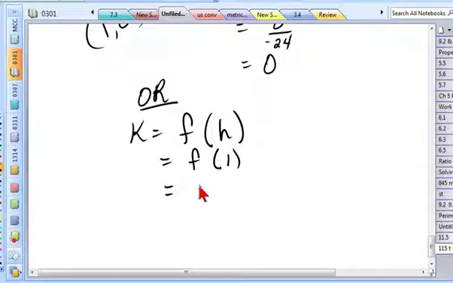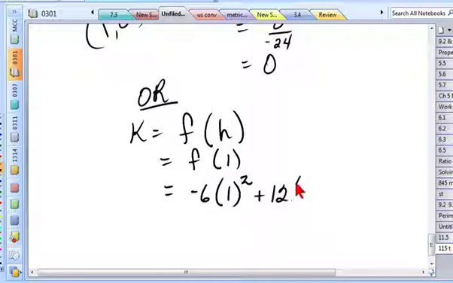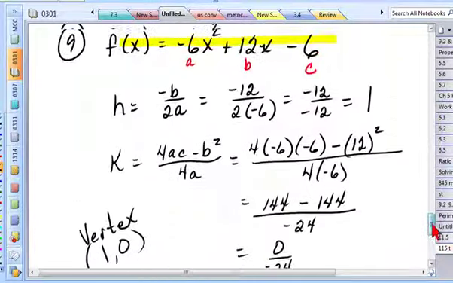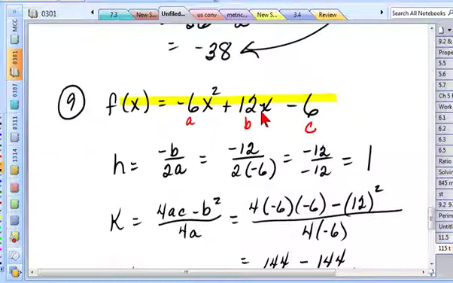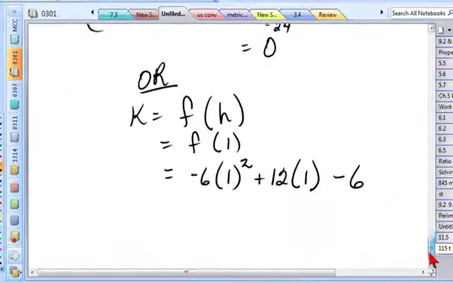And that will be -6 times 1 squared plus 12 times 1 minus 6. So I plugged in the 1 that I got as the x or the h in the place of x.